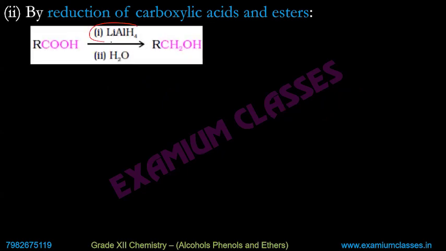Again, first you use lithium aluminum hydride. Once the reaction starts, after some time, you add water, not both at the same time. So whenever it is written as 1 and 2, it means one after the other, not at the same time. Again, it is reduction by lithium aluminum hydride.